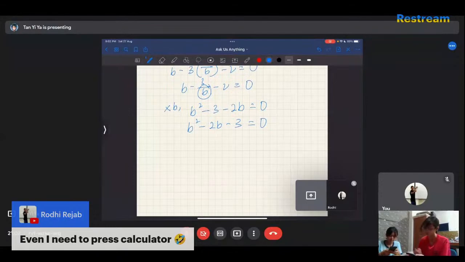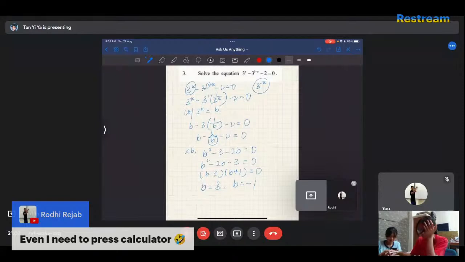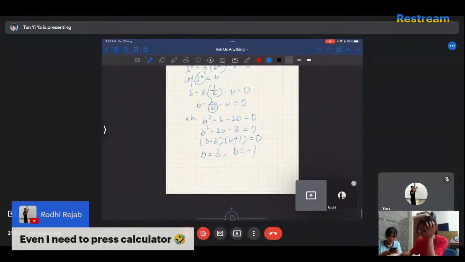So it is b minus 3 times b plus 1. So the value of b will be 3 and also negative 1. So we have to find the value of x.